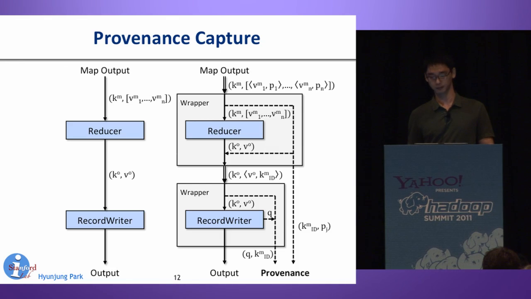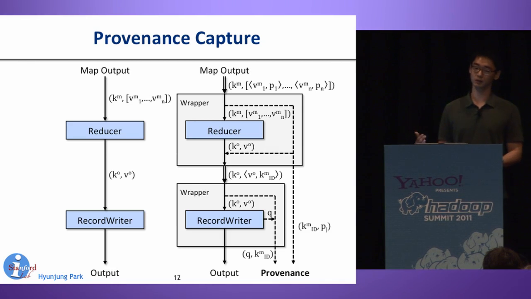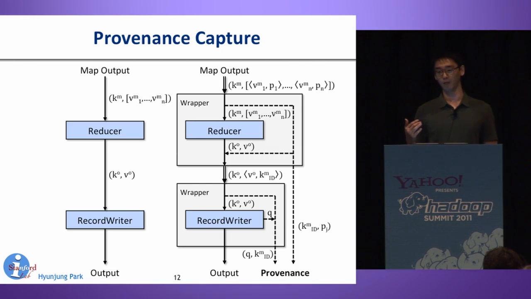One is reduce provenance, which is from the output element ID Q to the reduce group ID KMID. Okay? So this is reduce provenance, and there is another one, map provenance, from reduce group ID to all input element IDs.